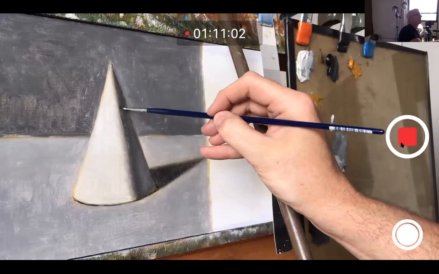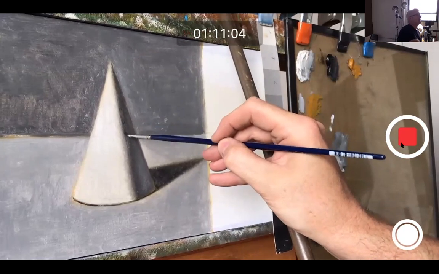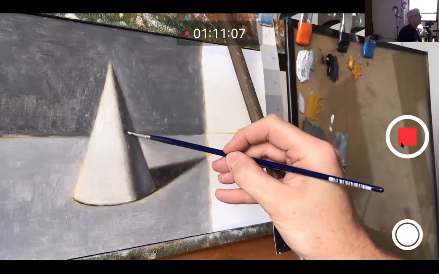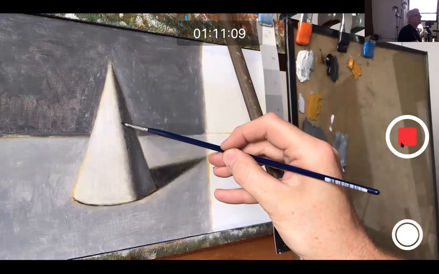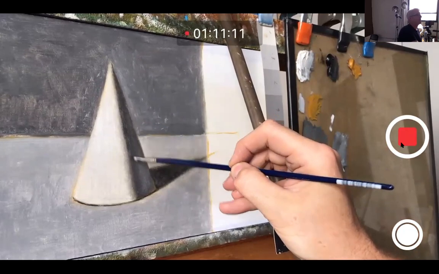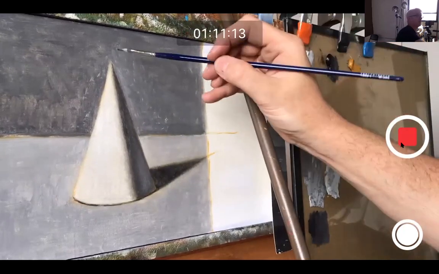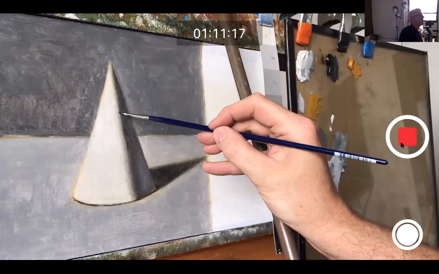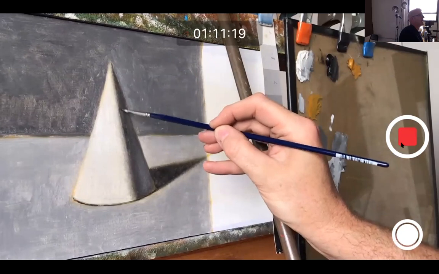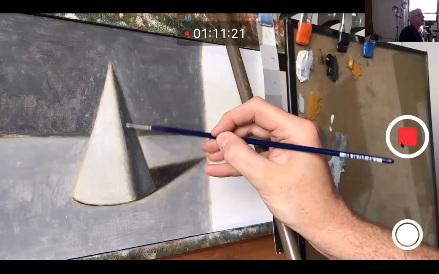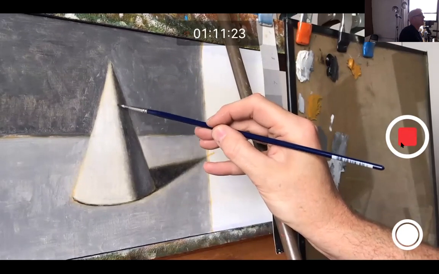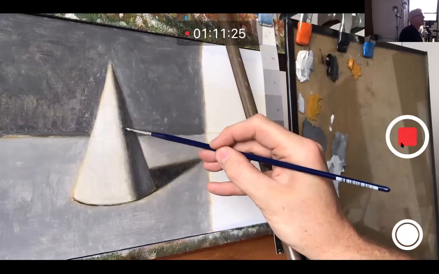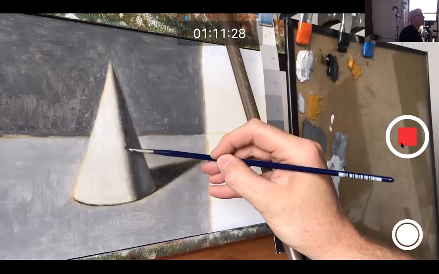What's another element of light and shadow that we have not yet painted on this cone? Highlights. The highlight, right. So right now we basically have just one undifferentiated light mass on the white side of the form.